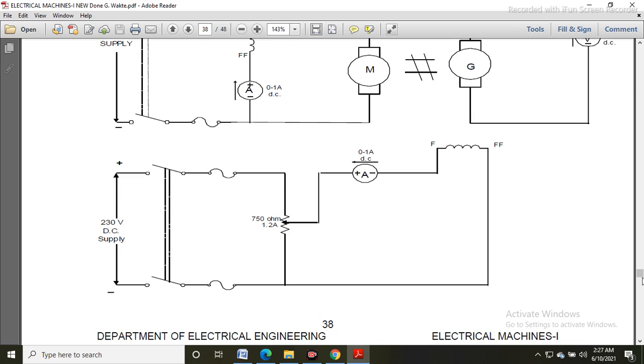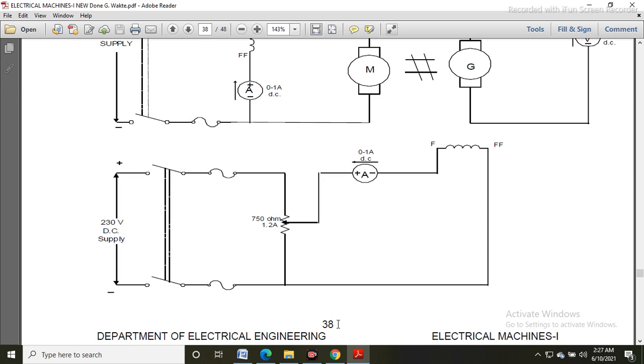So try to make all these connections by using a virtual lab, as due to COVID pandemic situations we are not able to perform the physical practical.